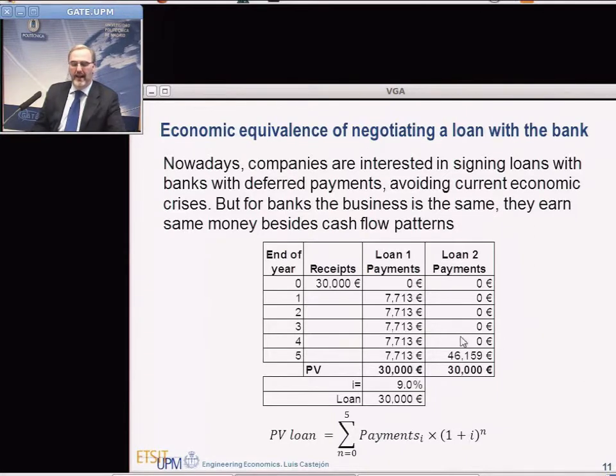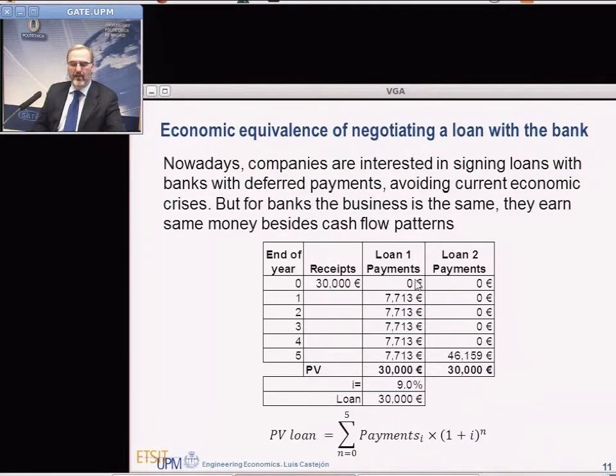So how does the bank calculate this amount? They use the same calculation, because they say, okay, you can do it with your Excel: what is the present value of the annual payments from year 1 to year 5 of 7,713 euros?